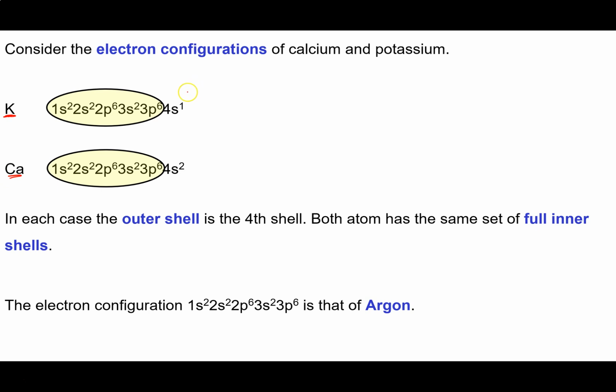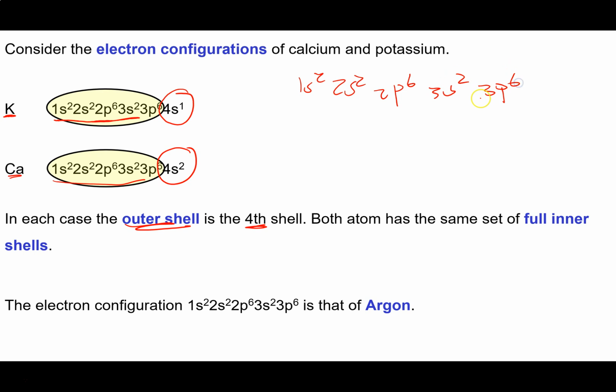In each case you see that these are the electrons that are in the outer shell, which is the 4th shell. And the electrons that are in shells 1 through 3, those are the core electrons. You'll find that there are 18 of those, and they are in the configuration that is found for argon.